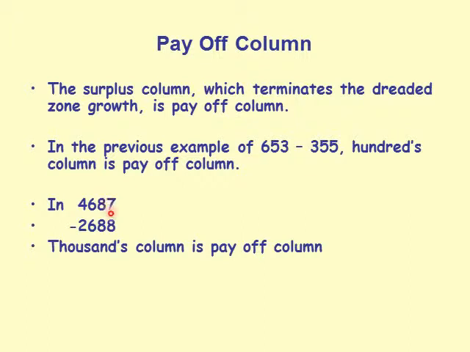In the units place it says 7 minus 8, which is deficient and in the dreaded zone. The tens column is 8 minus 8, which is sufficient and not surplus, so it's also in the dreaded zone. The hundreds column is 6 minus 6, which is sufficient and not surplus, so it's also in the dreaded zone. In the thousands column, 4 minus 2 is surplus and it terminates the growth of the dreaded zone to the right, and it is a payoff column.